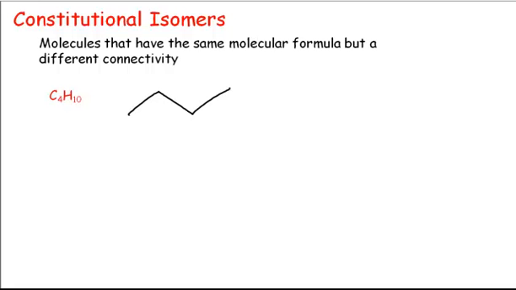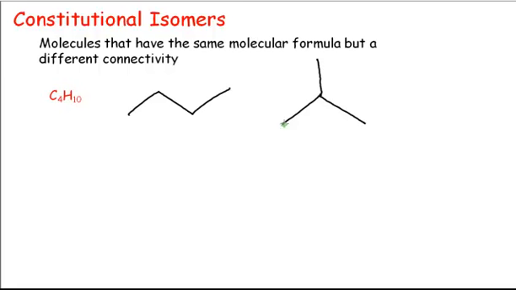And it turns out that there is another way that I can put together 4 carbons and 10 hydrogens. I don't have to put them all in a row or in a 4-carbon chain. What if I had a 3-carbon chain and then I added a 1-carbon branch? Does this still fit my molecular formula C4H10?